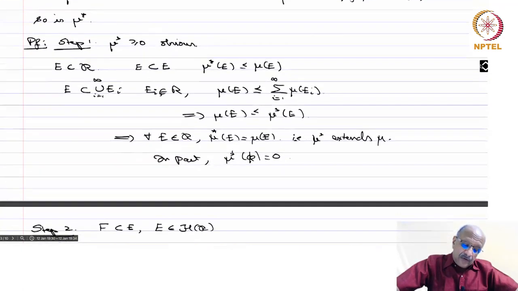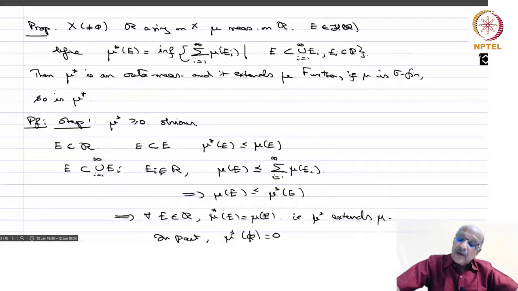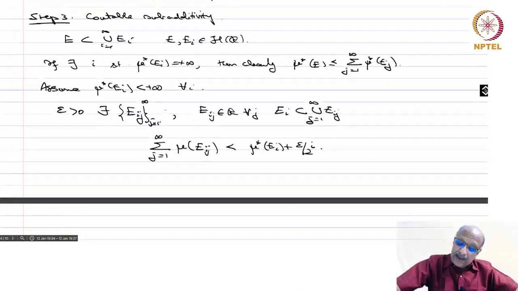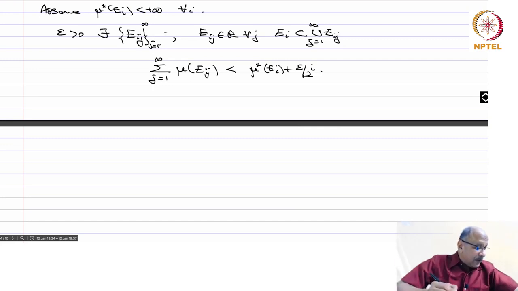So you are defining it to be the infimum over all countable covers. So I can find a countable cover which is bounded by mu star of E_i plus any small quantity I like, and I am going to call that quantity epsilon by 2 power i. Then you have E is contained in the union over i equals 1 to infinity, union over j equals 1 to infinity of E_ij.